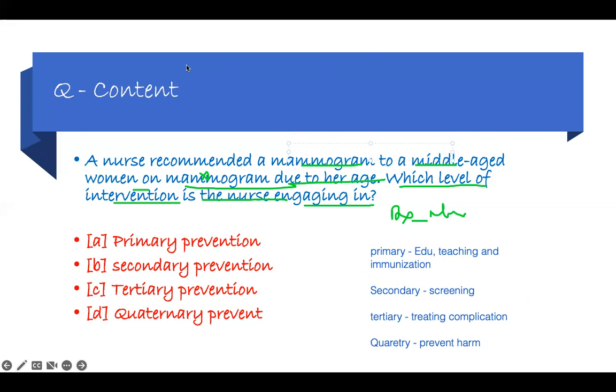If the NCLEX tells the patient to go get a mammogram, it's a screening. I'm not teaching you that, because you're getting the mammogram to look for cancer. So that's a form of screening. So this answer is B, that's secondary prevention.